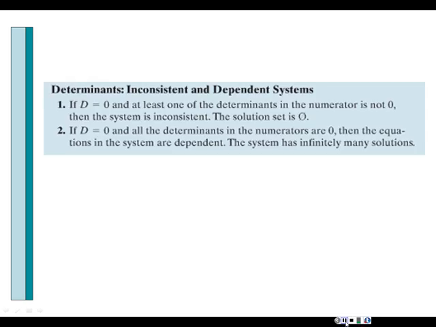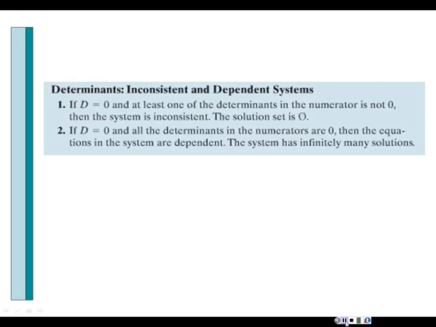But in another case, case 2, when everything is 0, for example, all the D's are 0, in addition to that Dx, Dy, Dz, everything is 0. If this happens, that means this kind of system has infinitely many solutions.